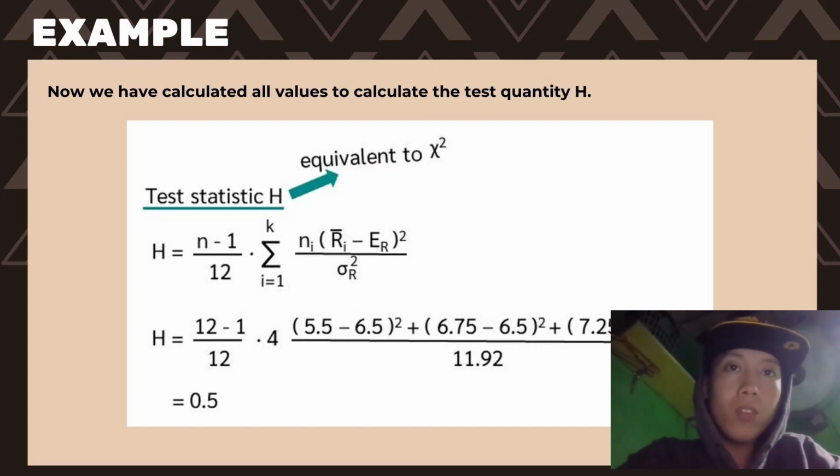R bar is for the mean rank totals. Then, ER is for the expected value of ranks. Sigma squared is for the rank variance.